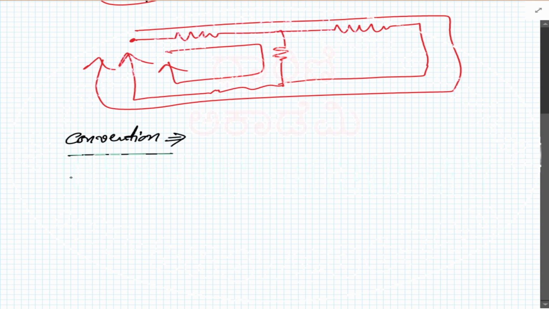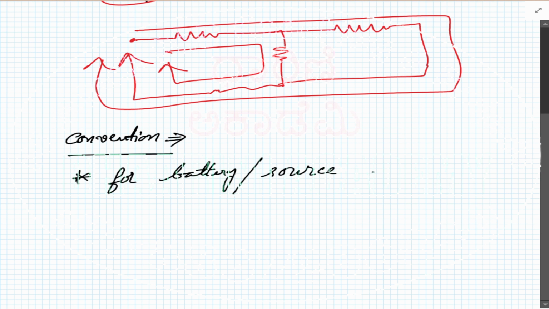The convention to be followed. Whenever a circuit is given and my intention is to apply KVL to that, I have to identify the battery, also called a source.